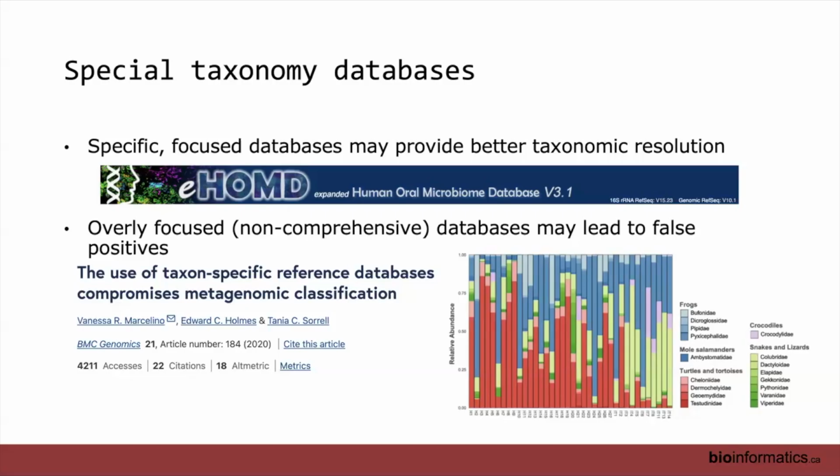And then a second group of researchers from the same university published a paper later where they used the same samples and a database that only contained sequences from different frogs and reptiles. And they identified all of these frogs and reptiles inside these stool samples from the people.